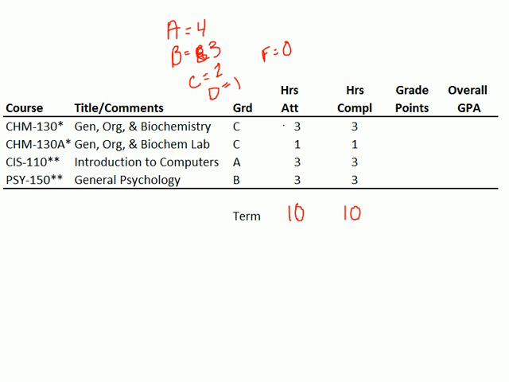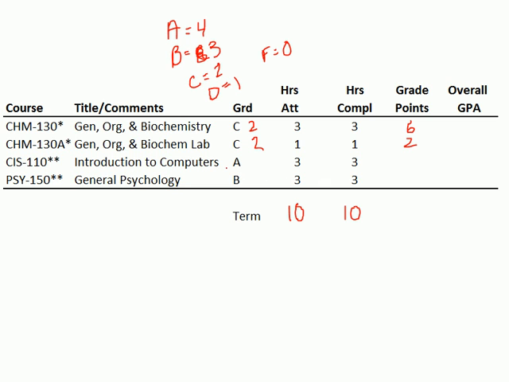So what I'm going to do is multiply the numerical letter grade, so this C is going to be a 2. I can multiply it by the hours completed, and I'm going to end up with a grade point of 6. Right here again I've got a 2. I can multiply by the hours attempted, and I'm going to get a 2 here.